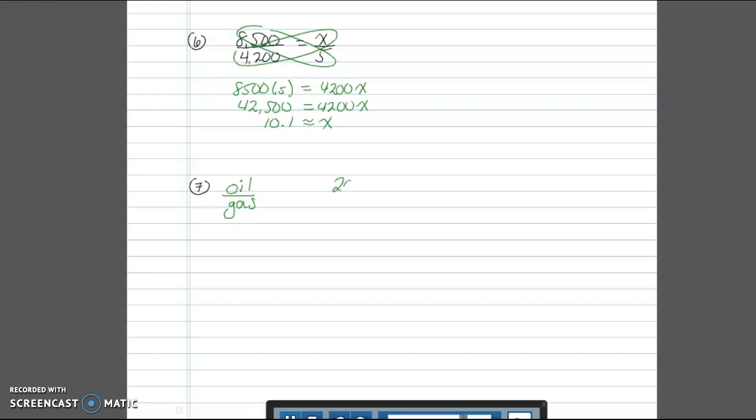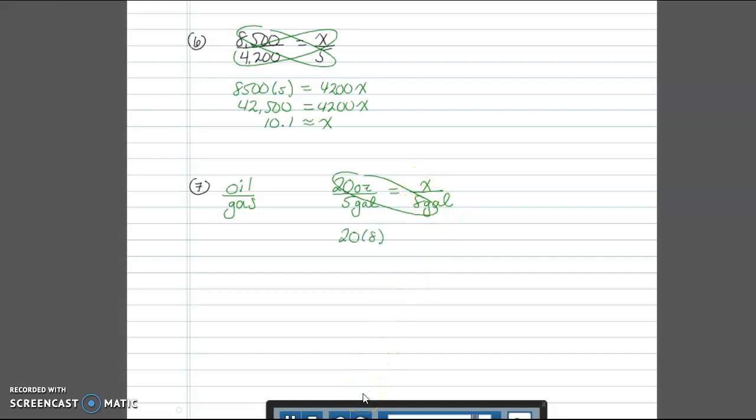For the first engine, 20 ounces of oil is mixed with 5 gallons of gas. I'm putting the units just to remind myself of what goes where. I really don't need to have them. The second ratio, we're looking for the amount of ounces, and that's to 8 gallons of gas.